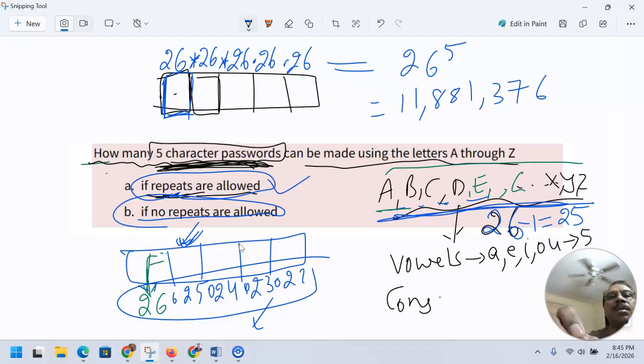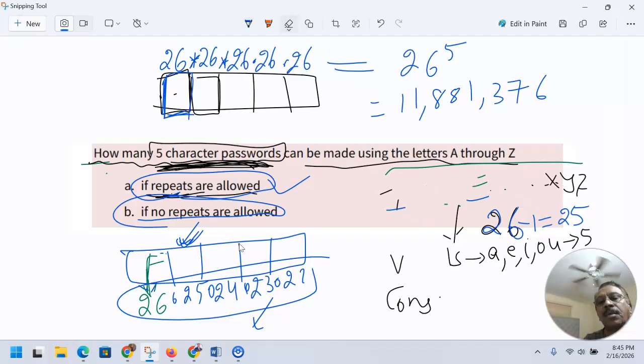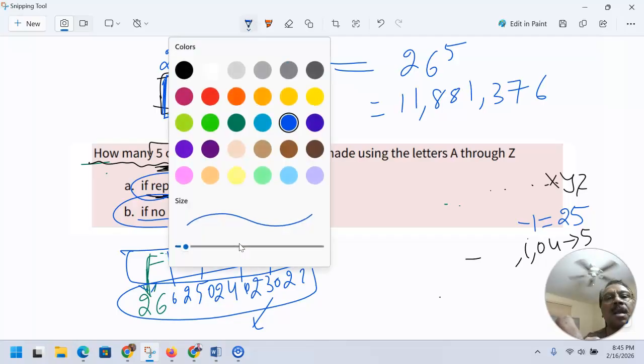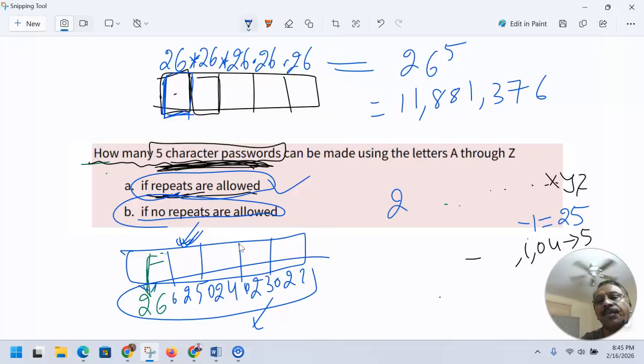Or you could use the formula. And what is the formula? You have 26, which is the n, and 1, 2, 3, 4, 5, so your r is 5.